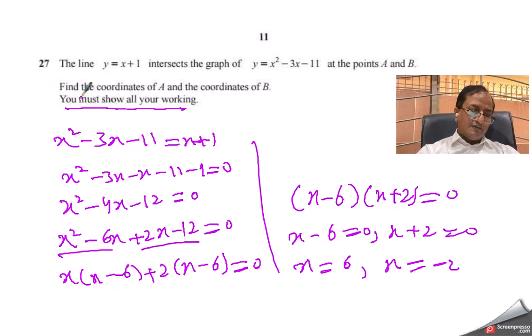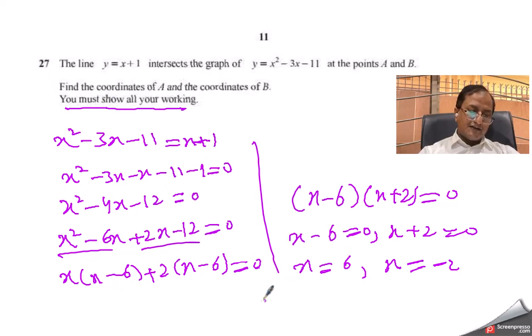Now we must find the coordinates of A and B, the points where the line intersects the graph. When x equals 6, y is 6 plus 1, which is 7.